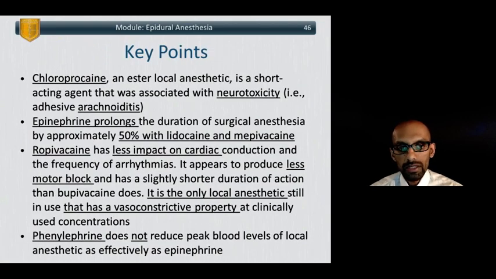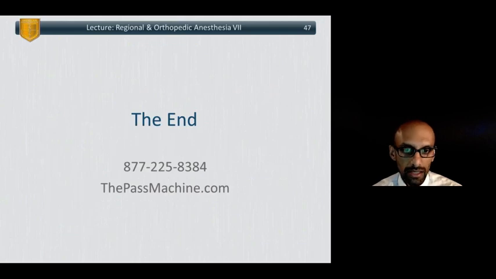So these are the key points that I wanted to make about this last section of regional anesthesia for the advanced exam. Again, I envision that the regional anesthesia components of the ABA exam are largely going to be related to peripheral nerve blockade, probably not so much neuraxial anesthesia, but in studying neuraxial anesthesia, you should focus on the complications involved more than anything else, because this is a consultant level exam.